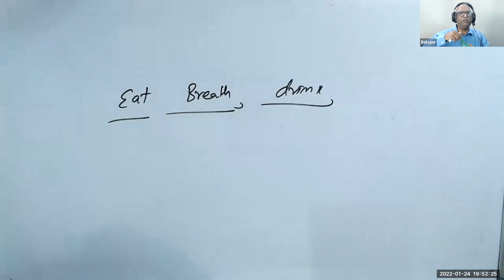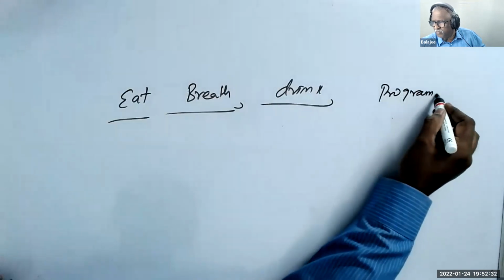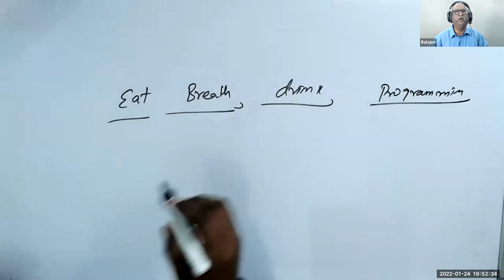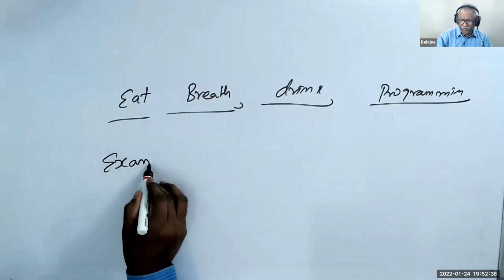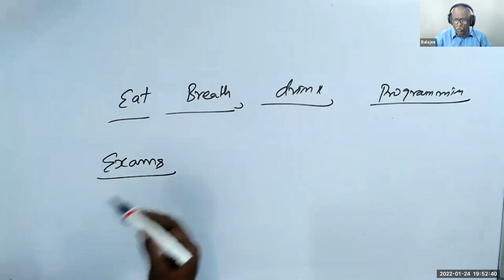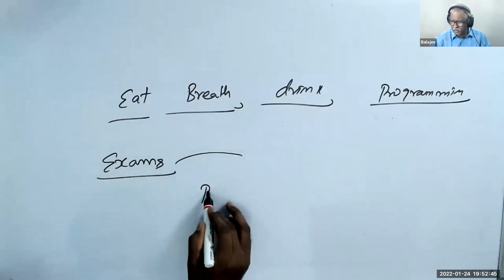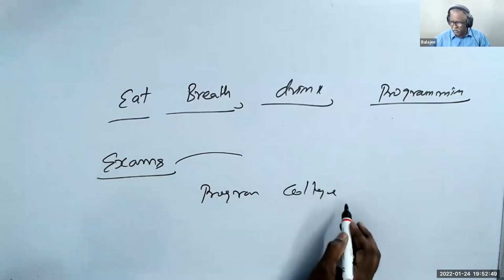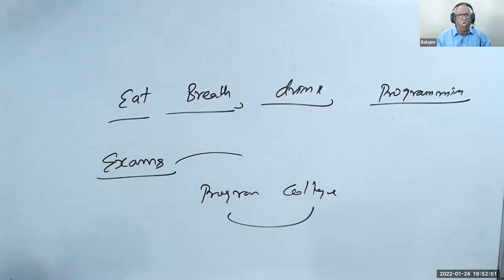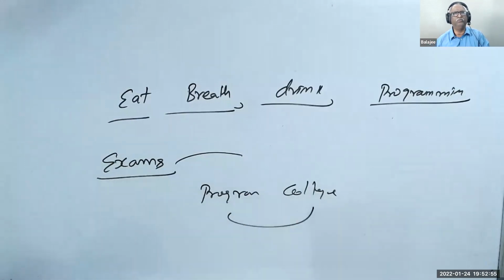So add a fourth one, programming. If you say that you have exams and assignments, do them with the help of programming; that's the way I learned it. So write a program for your college problems. Then you will learn both: the subject and the programming also.